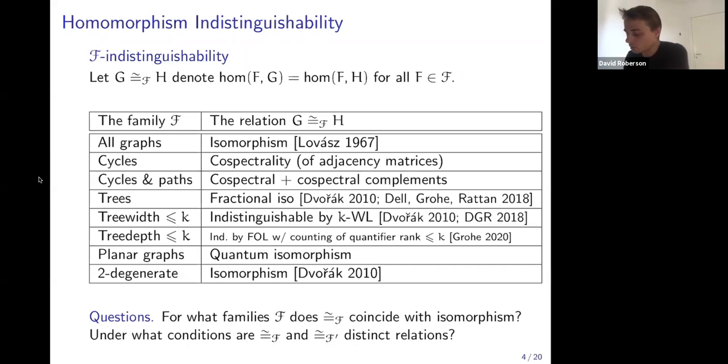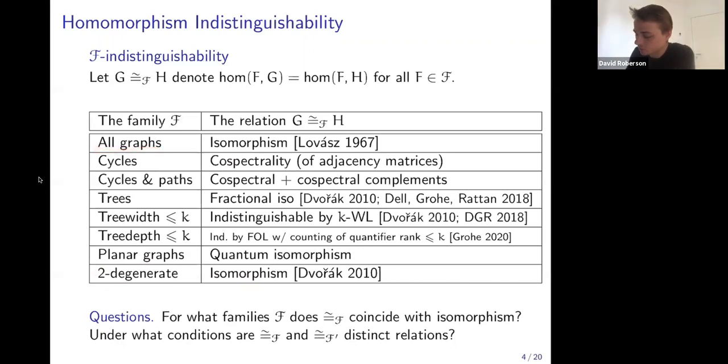So what you might notice from this list is not all of them, but a lot of them are minor closed families. Okay, so the exceptions would be the 2-degenerate graphs, which correspond to isomorphism. So they somehow aren't distinct from this family of all graphs.